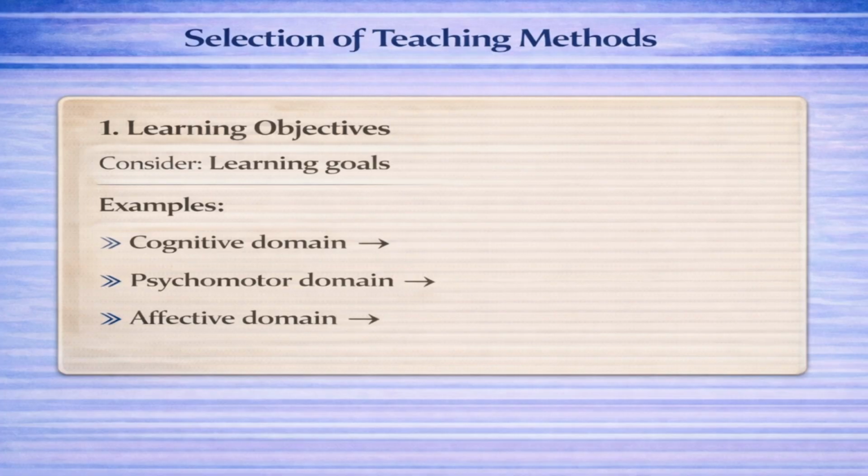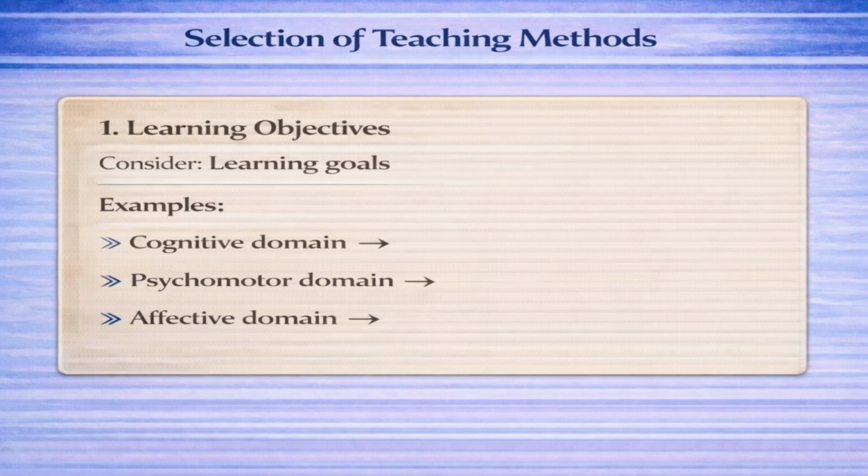The first important key factor is learning objectives. This means the teaching method must align or line up with what students are expected to achieve. For example, if objectives are based on cognitive domains, then methods such as lectures and discussions are appropriate because they help develop knowledge and understanding.